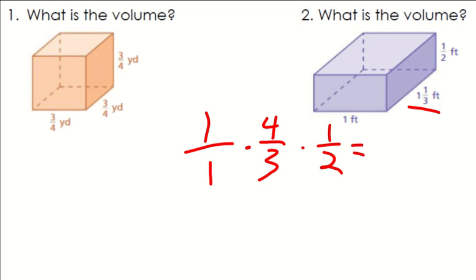So if you multiply straight across the top, straight across the bottom, that's how you get that 4/6. 2 goes into both those, so that would simplify to 2/3. Okay? The 1 foot's right here. I put it over 1 because we got to do fractions.